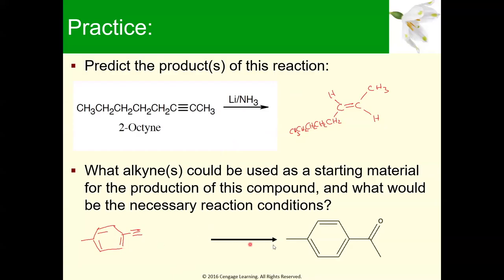For this lower one, you've got to make sure you have the right number of carbons. So there's 2 carbons on the right side of the benzene ring here. So there's 1 carbon, there's the other carbon. Okay, that's part of your alkyne. So it's a terminal alkyne. And then what the conditions are, and again, it's going to be prettier here in just a second, so I won't write it down.